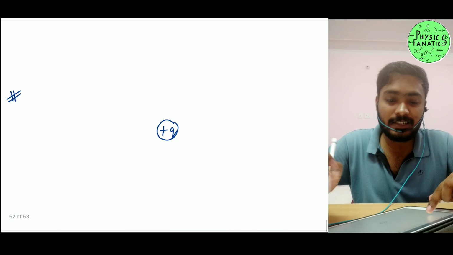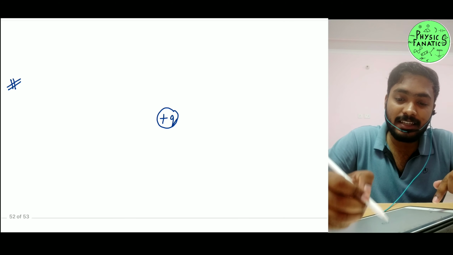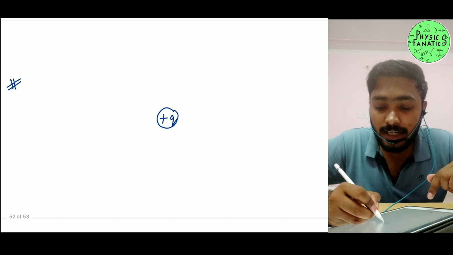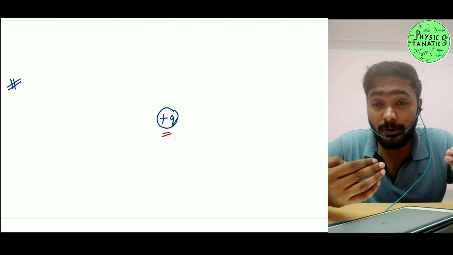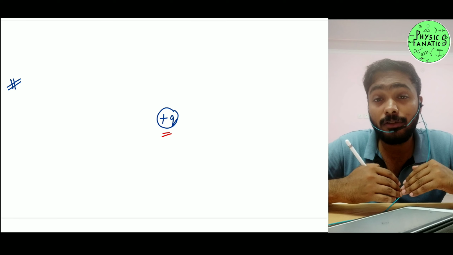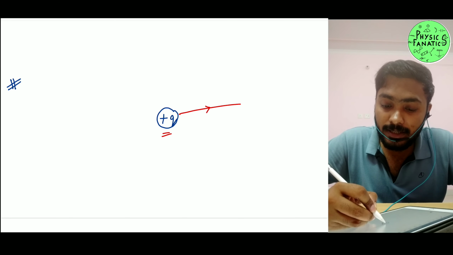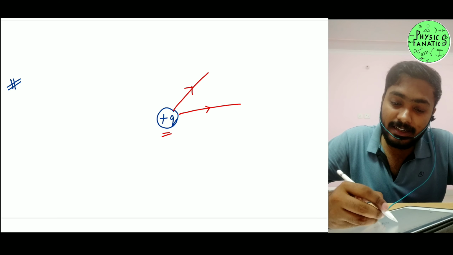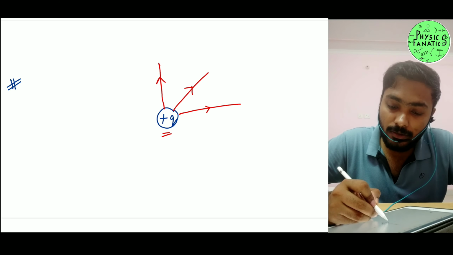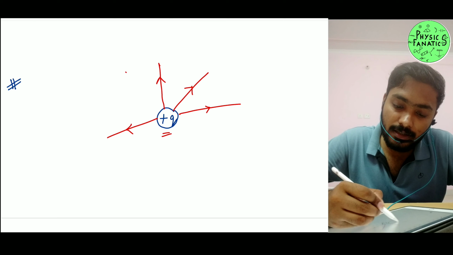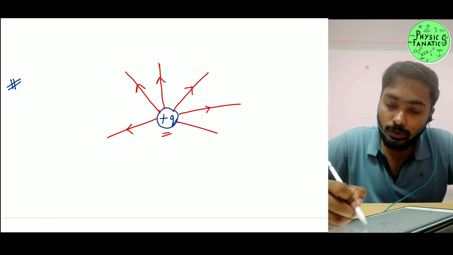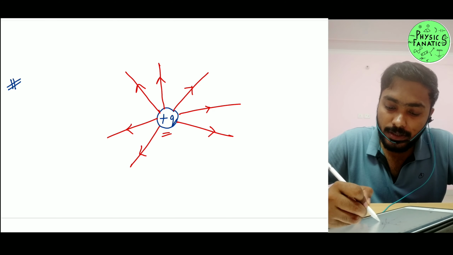Let's go to the next note. The next note is that you can see here I have a positive charge. From a positive charge, electric field lines are always radially outward. What I mean by radially outward is that it is radiating outward. You can see electric field lines are radially outward from a positive Q charge.